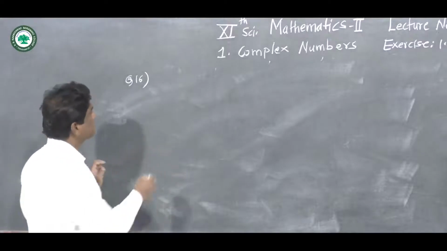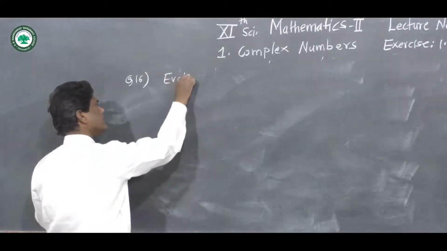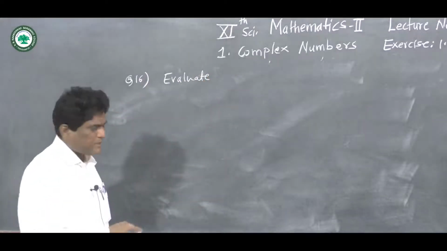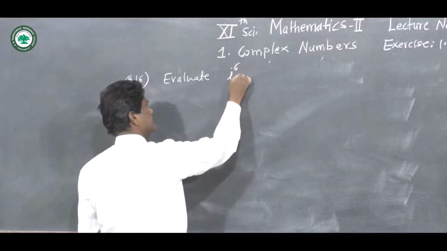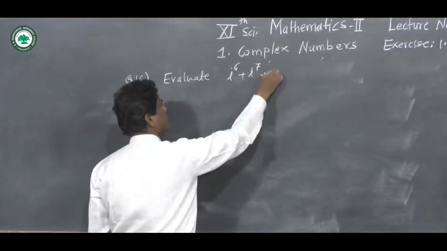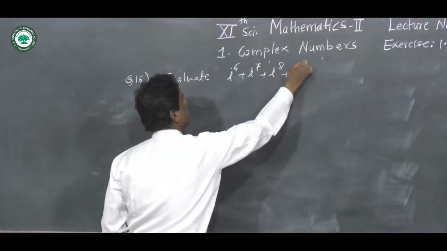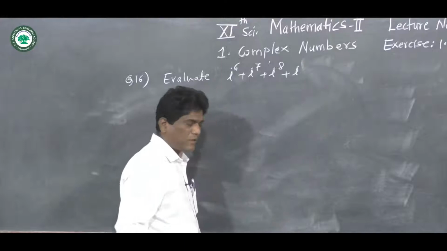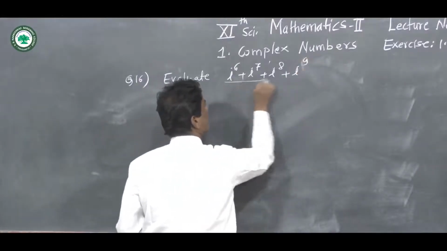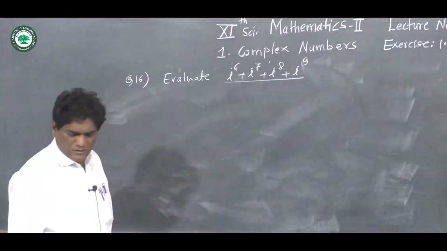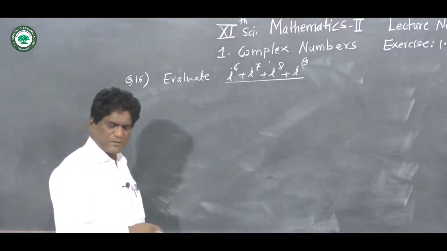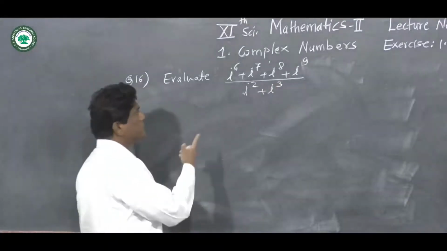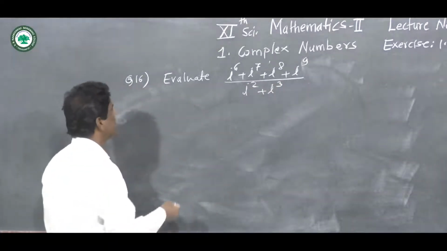Evaluate (i to the power 6 plus i to the power 7 plus i to the power 8 plus i to the power 9) divided by (i square plus i to the power 3). We have to evaluate, means we have to find the value of this.